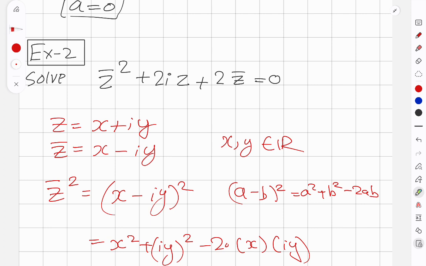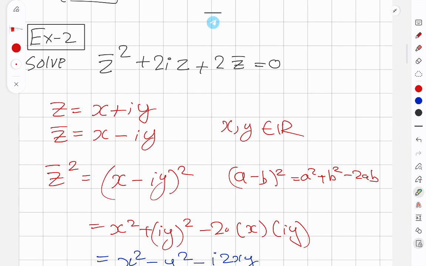The exercise is z conjugate square plus 2i z plus 2z square. I can say z equals x plus iy, where x and y belong to the reals, actually, to solve it, to find z.